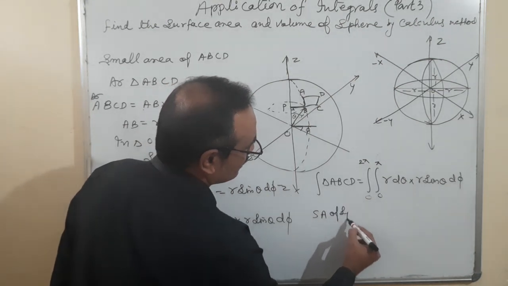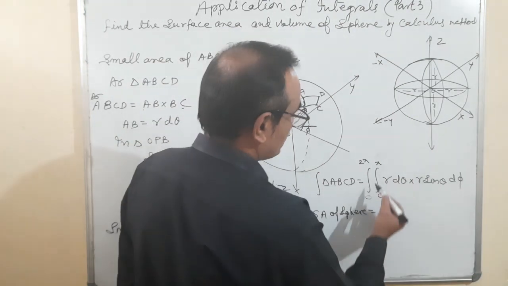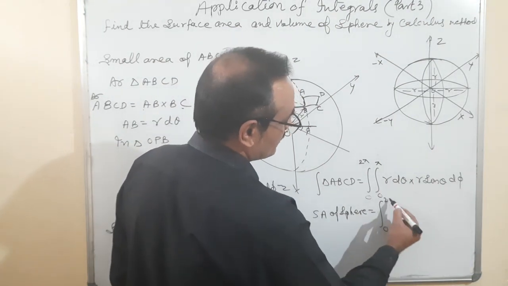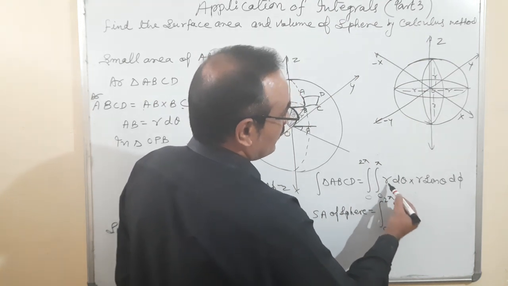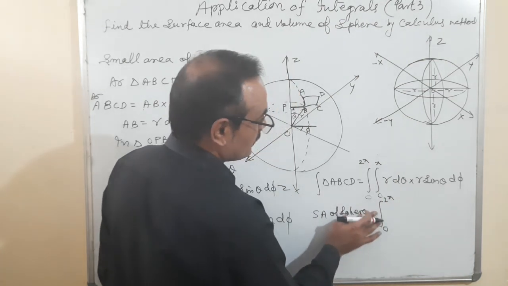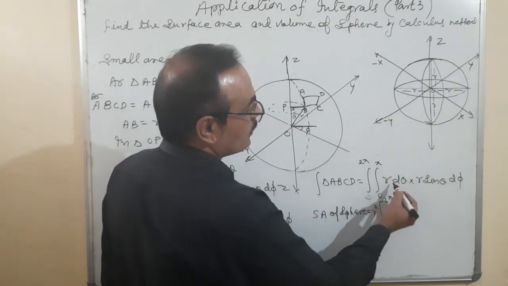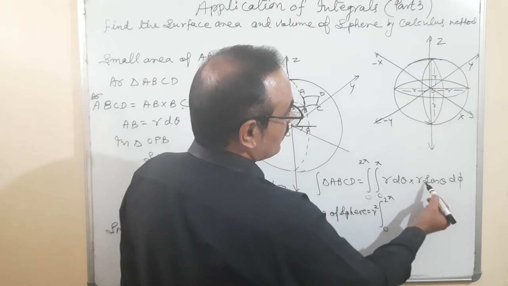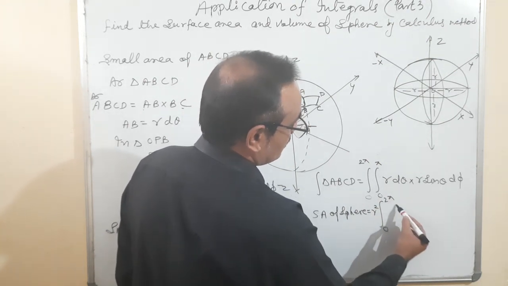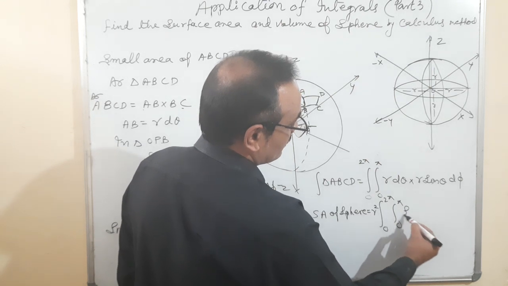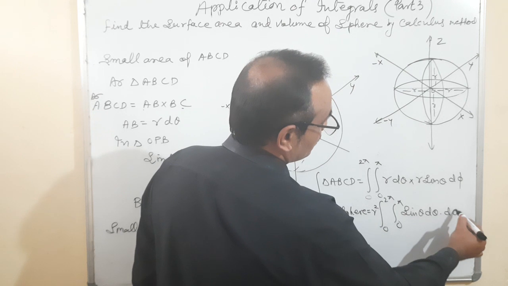So integration of this term is equal to the surface area of the sphere. Now one by one: first I am solving, this is 0 to 2 pi as it is. I am solving 0 to pi, and r into r square, it's a constant term, r cube outside, sin theta d theta, 0 to pi sin theta d theta into d phi.